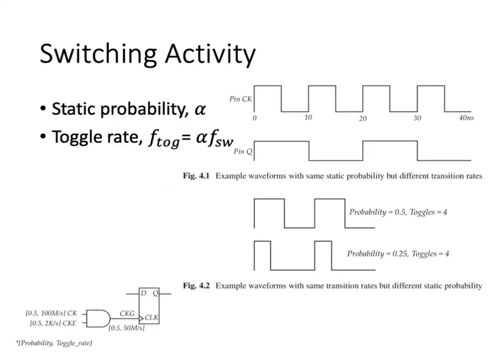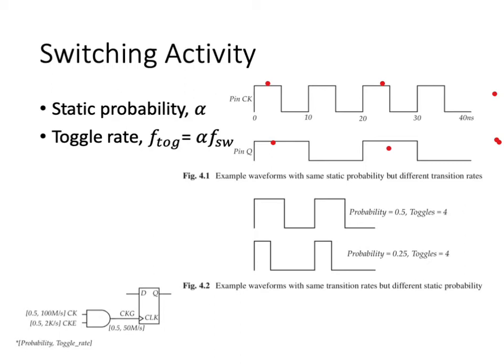To further reinforce the concept of toggle rate and switching activity, please look at these two curves here, which give the time domain switching activity of pin CK and the time domain switching activity of pin Q. Now if we take the total amount of time that each of these wires, these nets, are at logic high, they are the same.